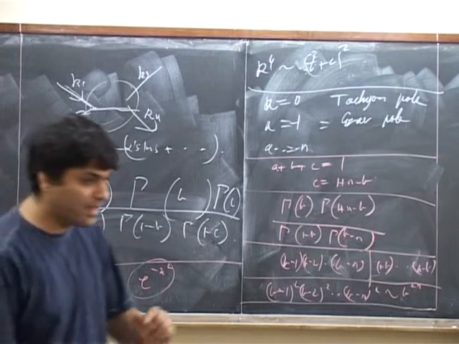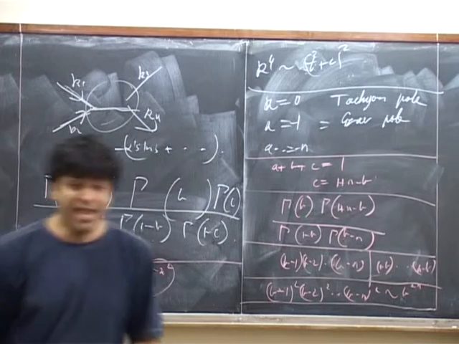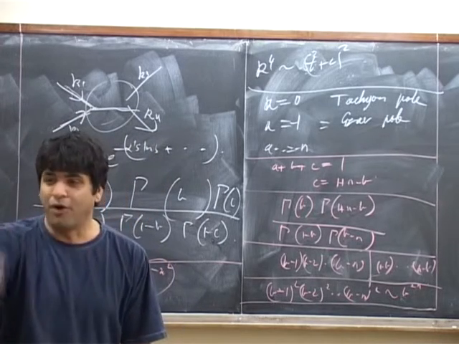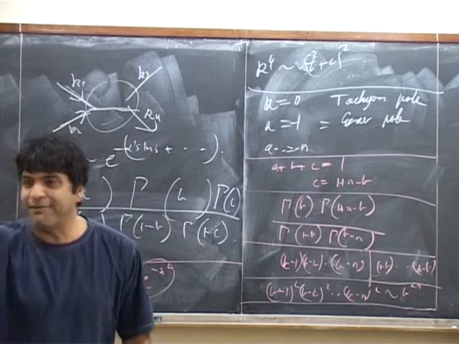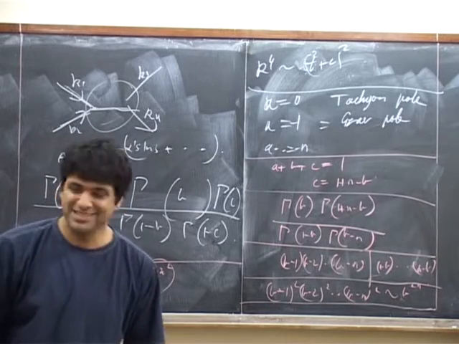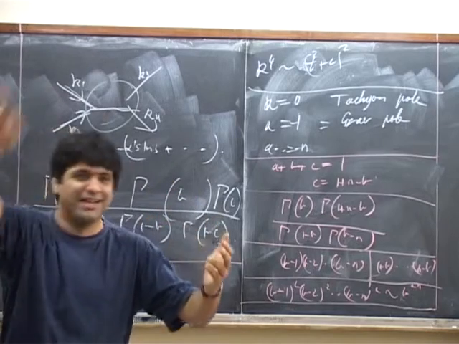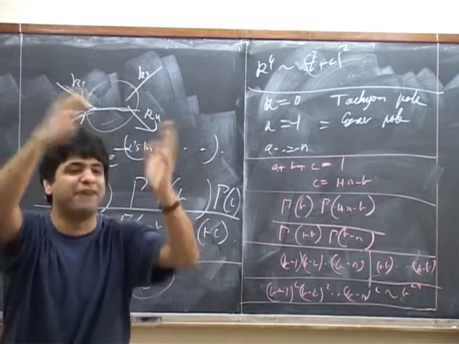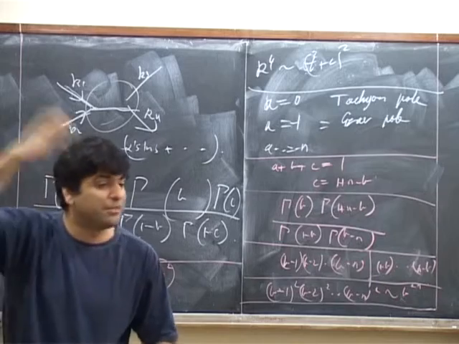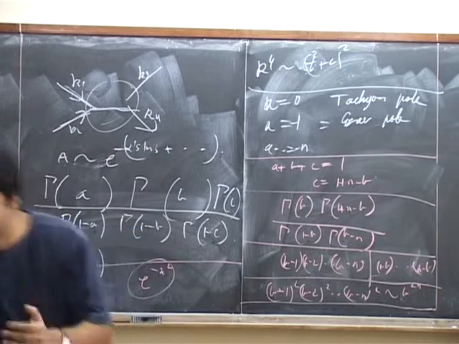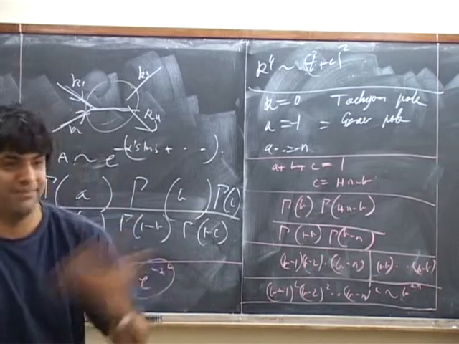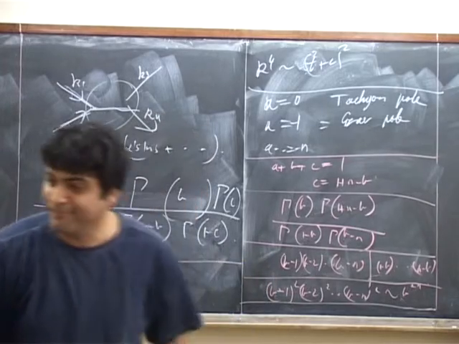Okay, so changing the cutoff is like adding some factor to the loop amplitude. If you change a propagator, every time something flows very large with k, you put a theta function there, or put an e to the power minus k squared. So changing how you do that integral is the cutoff of field theory.